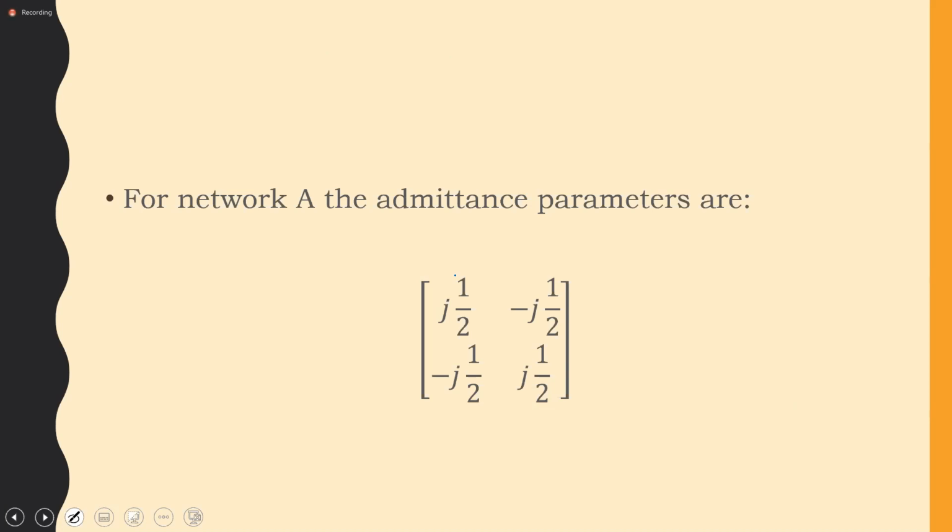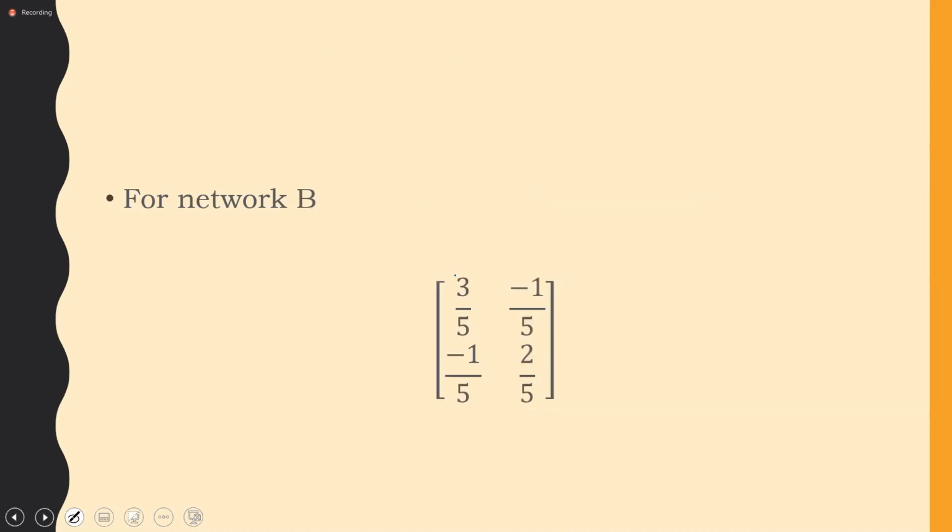All right. And if we took network B, that's with the 3 resistors, then that's what we have.